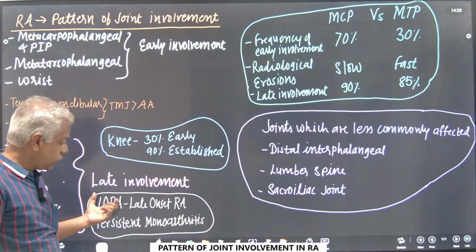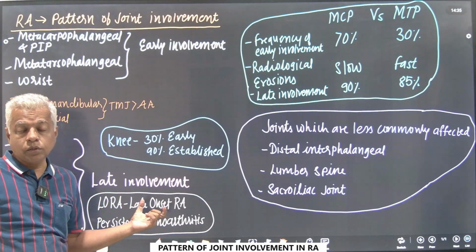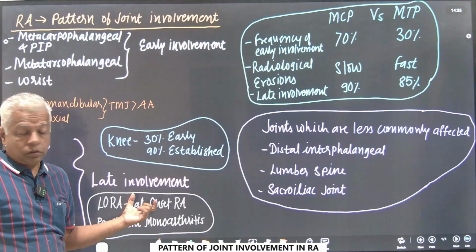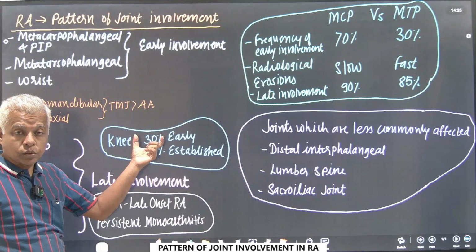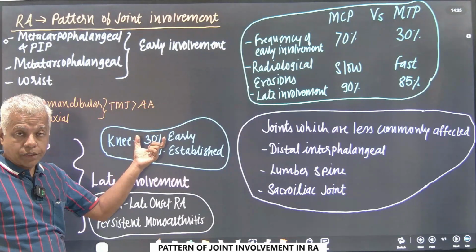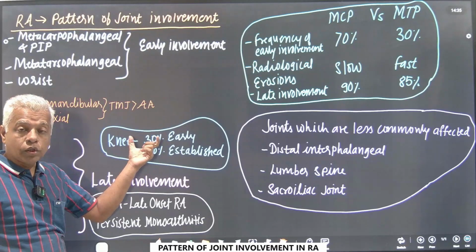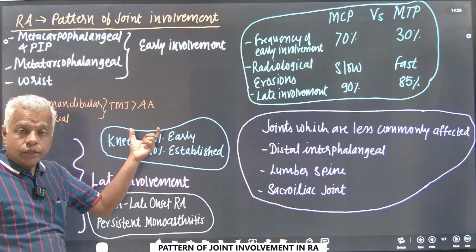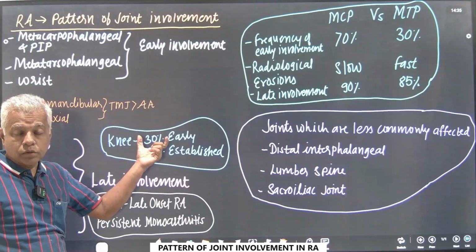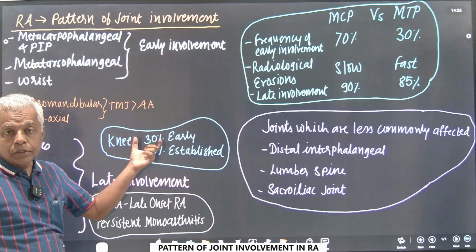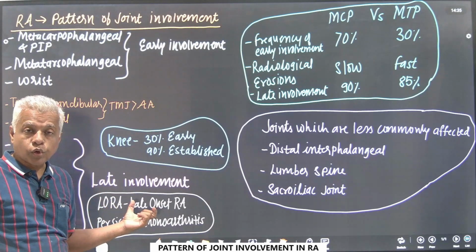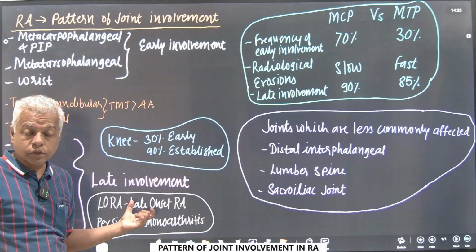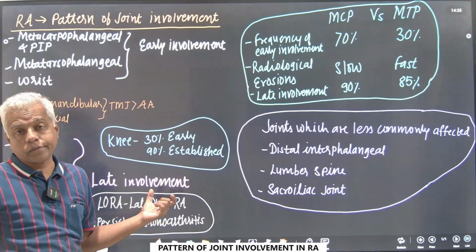What is this LoRa? Late onset rheumatoid arthritis. So the important thing is what? 30% of the patients with rheumatoid arthritis may show knee involvement in the acute or early phase of the disease, and of this 30%, most come from the LoRa group, late onset rheumatoid arthritis. Then what is this late onset rheumatoid arthritis?